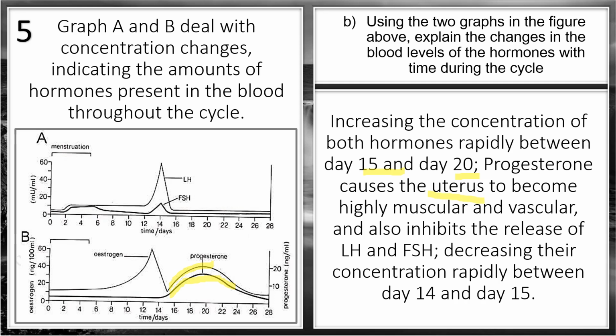Progesterone causes the uterus to become highly muscular and vesicular, and also inhibits the release of luteinizing hormone and follicle-stimulating hormone, decreasing their concentration rapidly between the 14th and the 15th day. Between the 14th and the 15th day, progesterone is going to cause a decline in the concentration of luteinizing hormone and follicle-stimulating hormone.